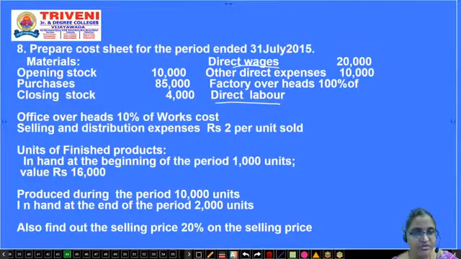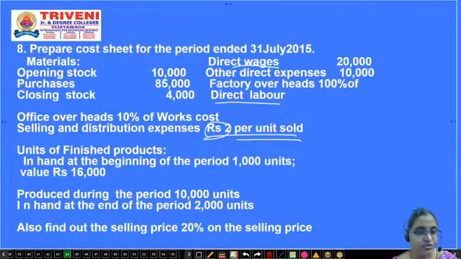Taking 10% on work cost gives us the factory office and administrative overheads. Selling and distribution expenses ₹2 per unit sold. So 1 unit sold cost was ₹2. But how many units did they sell? It was not given. So you have to calculate the number of units sold with the help of the formula. Next, other information.